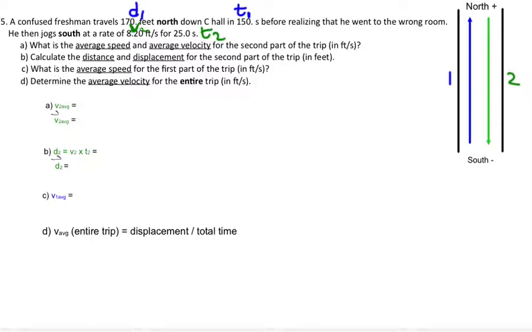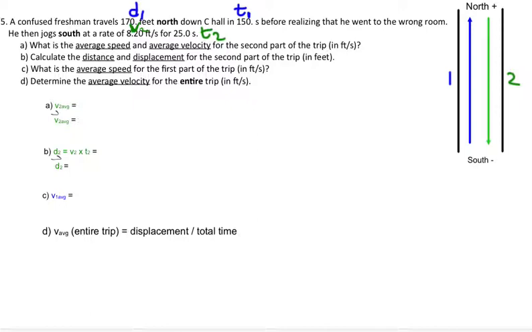Okay, number 5 is kind of a monster problem, but we can break it up easily, and I've started you on the way to the solution with the diagram. To the right is a hallway, and it looks like we've got this confused freshman running up, which I call north, or positive, because direction matters here. Then he changes his mind and realizes that he's lost, and he runs south again.